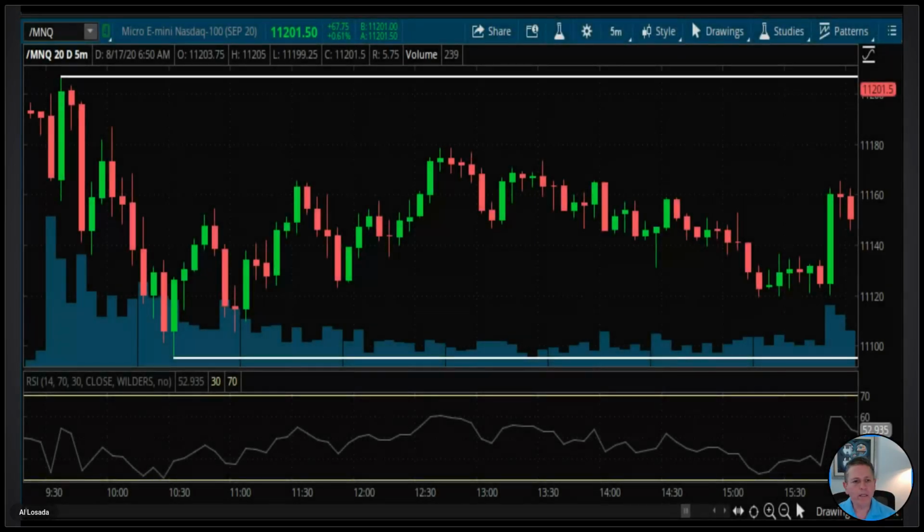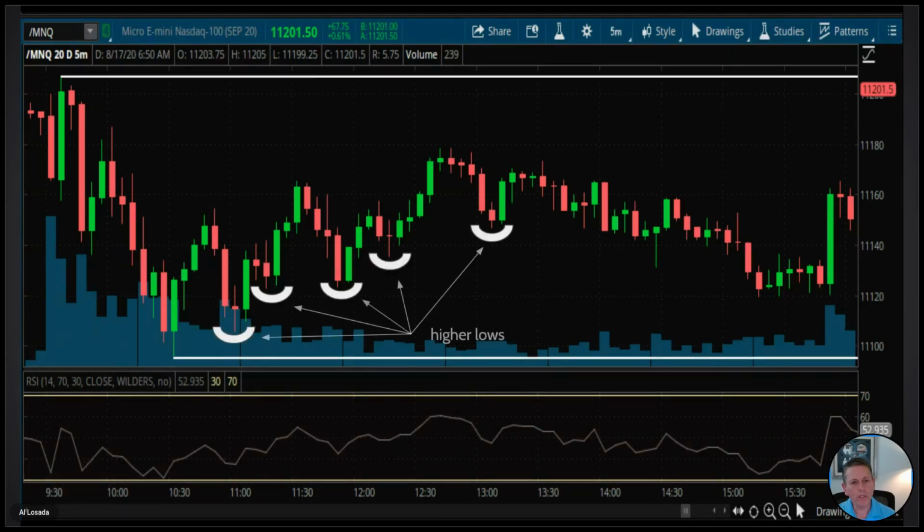All right, again, this is another way of looking at it. You want to continue going up until there's a steady show of higher lows and then higher highs. And once you get up here and the market starts to go down, that's where you get out.